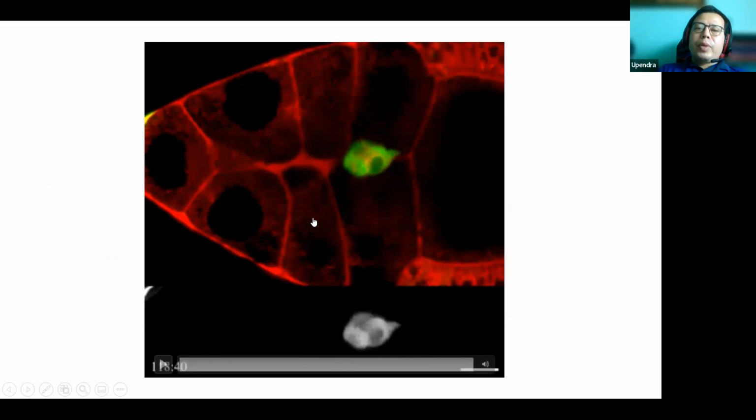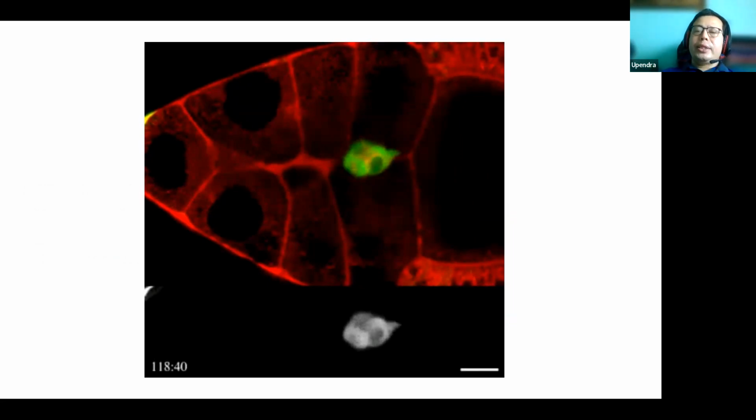This is from confocal live cell imaging, but I would like to see this in 3D. That will be beautiful, isn't it? In 3D, how the cells are organizing, how they are changing in shape. And that is what Partha can solve with me in the coming years.